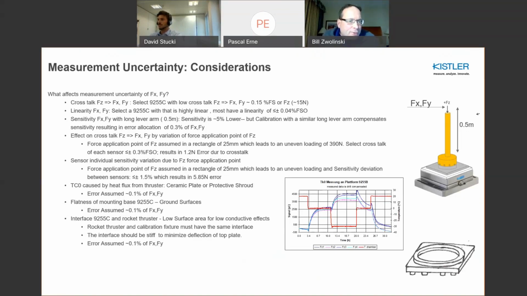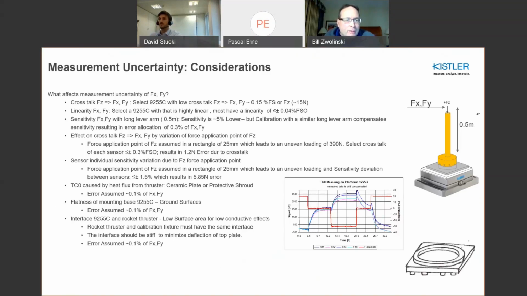So all these factors go into the overall uncertainty of the measurement. Obviously, you have to make sure your sensors are temperature isolated from the thruster, because piezoelectrics will be responsive to that. Flatness, we've already talked about the importance of that, and also interfacing the thruster to the dynamometer itself in a very rigid way is very, very critical to the measurement.